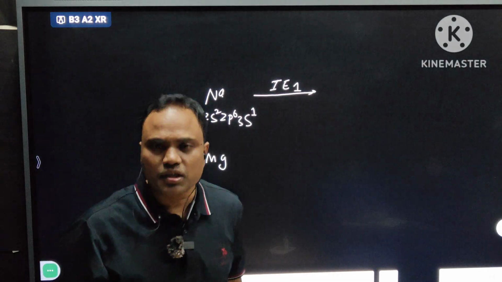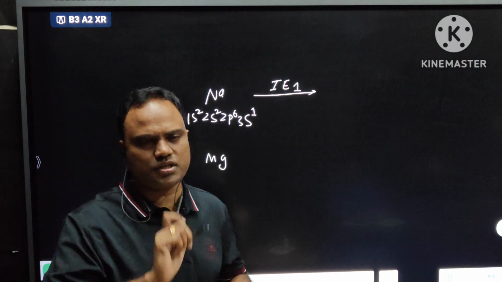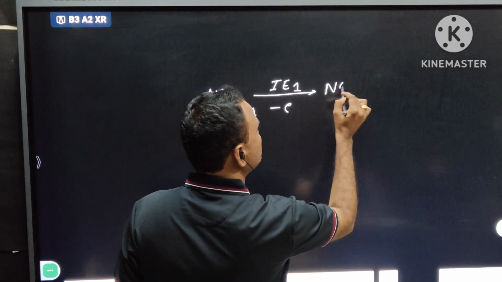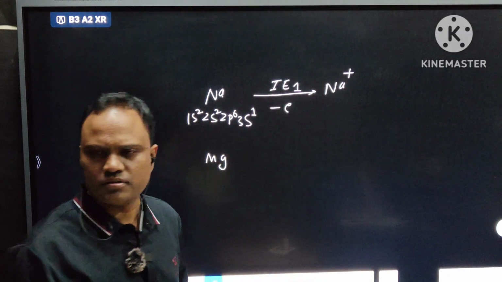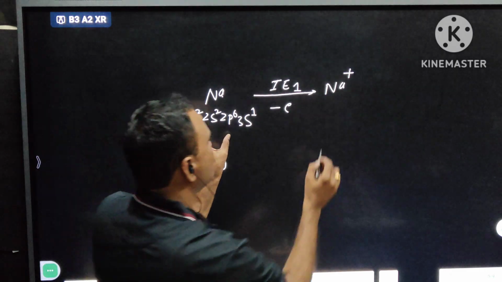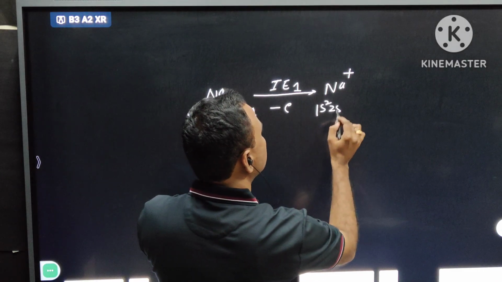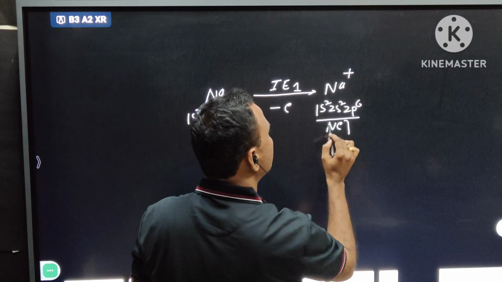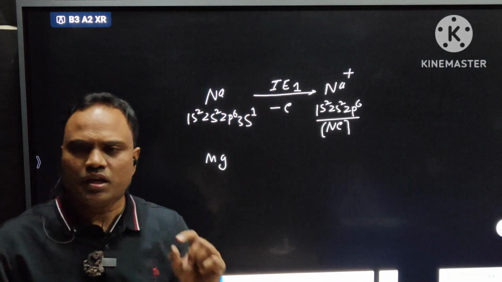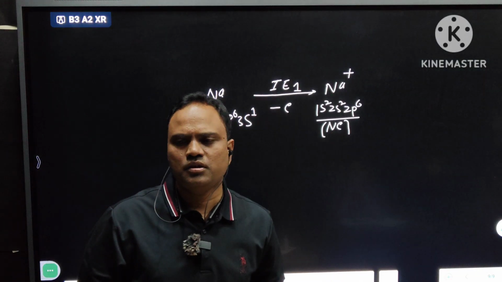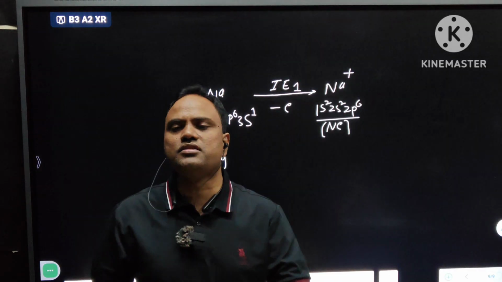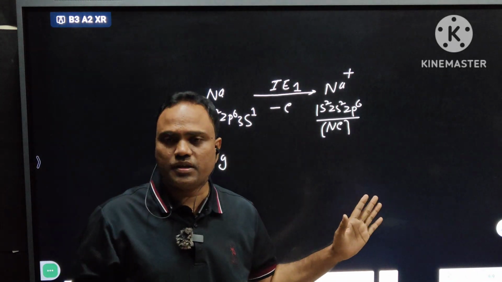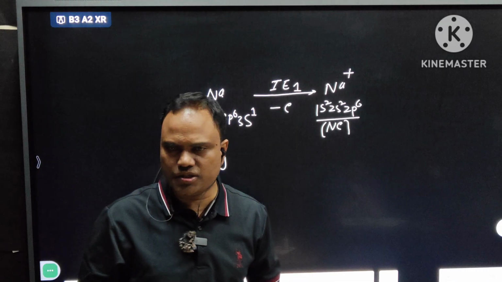What is IE1? Amount of energy required to remove the first electron. So remove the first electron. Sodium will convert to sodium plus. Now what is its configuration? 1s2, 2s2, 2p6. This is the configuration of neon. If any element gets an inert gas configuration after removal of electrons, it will have a high ionization energy.